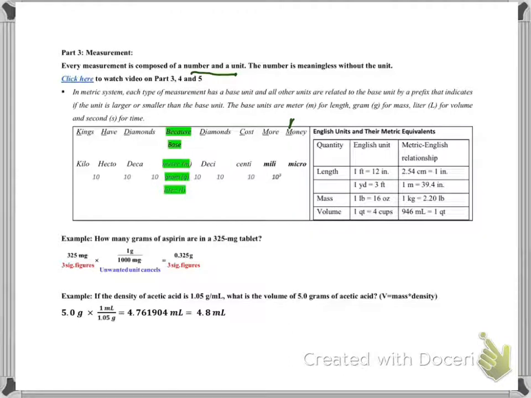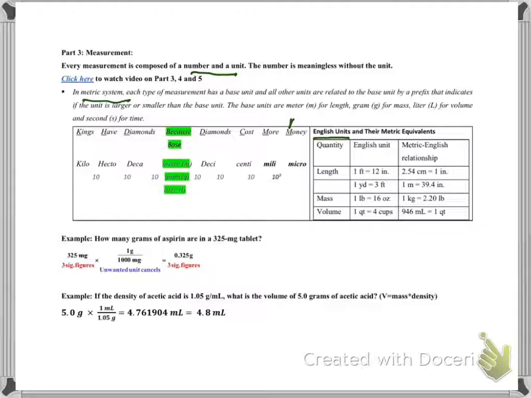If we say the mass of the object is 10, and you're not putting the unit with it, then it has no meaning. We have the metric system, and we also have the English system or the American system. In the metric system, you can go from one unit to another by multiplying or dividing by 10 raised to some power.